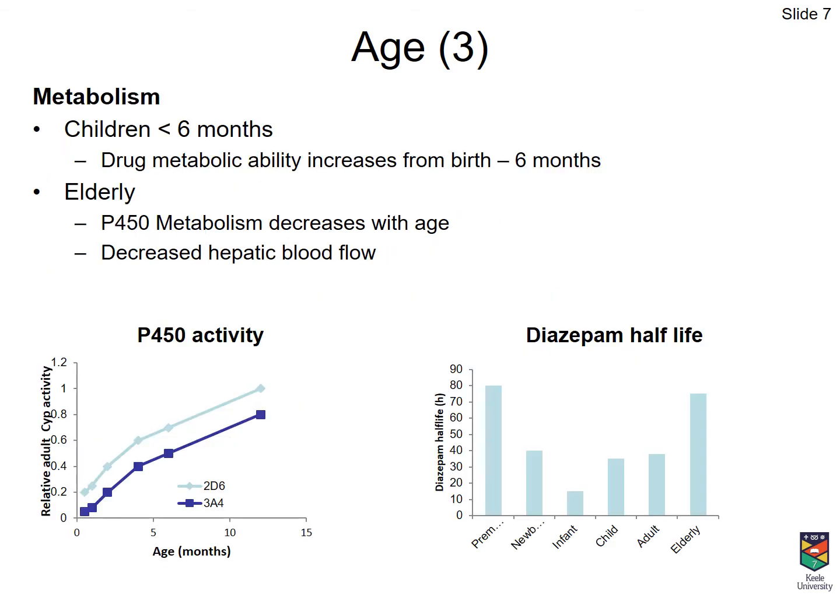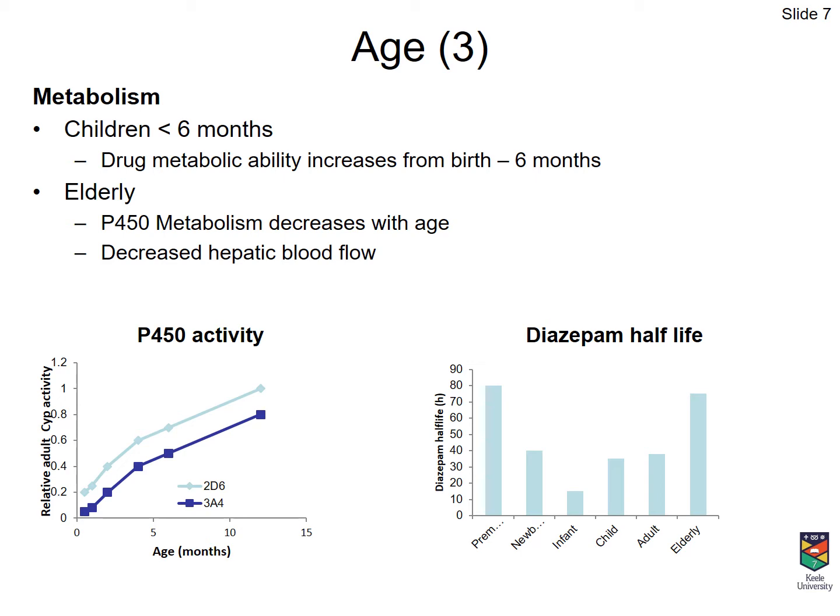Okay, the next factor we're going to look at is the effect of age upon drug metabolism. Generally what we see is that in children under 6 months of age, drug metabolic activity is less than we would see in adults, and that's exemplified by the plot on the bottom left here, looking at the metabolic activity of cytochrome P450 isoform 2D6 or 3A4.